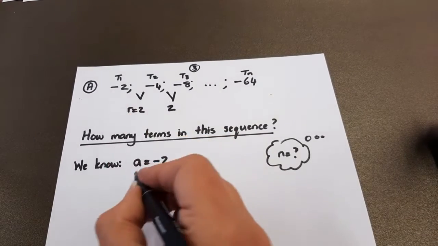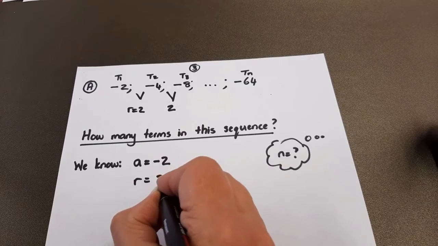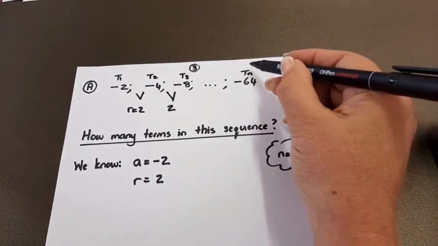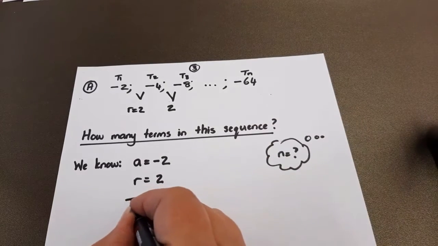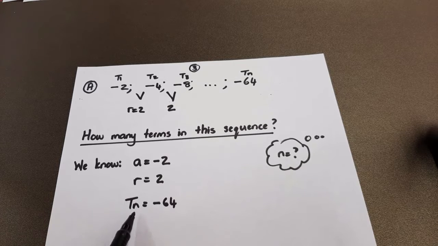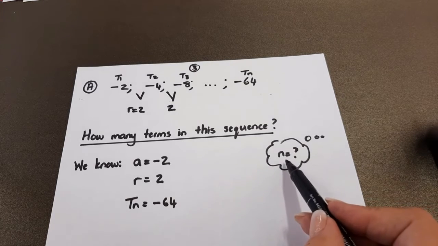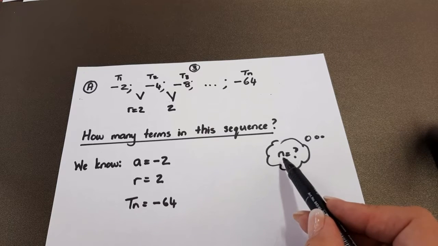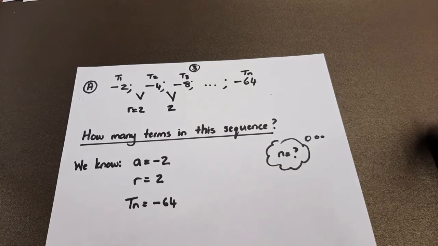We know that the ratio is 2. We also know that term Tn equals minus 64. So the last term is minus 64. But we want to know how many terms are there, so we actually want to know what is n's value.